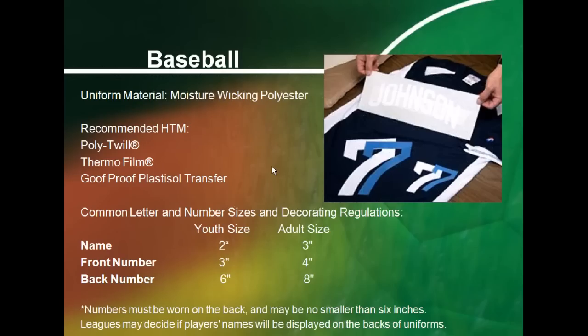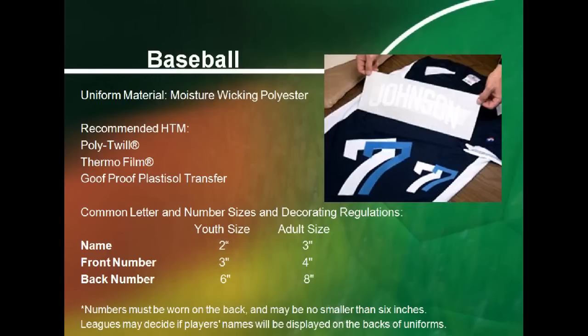So a baseball jersey is sometimes a t-shirt, so a lot of times it's either cotton or 50-50 blends, more for adult leagues. But typically they're moisture wicking polyester. A lot of them are split front, so they have the button down jersey, and you have to apply to either side, which I am going to show you in a video demonstration shortly here.